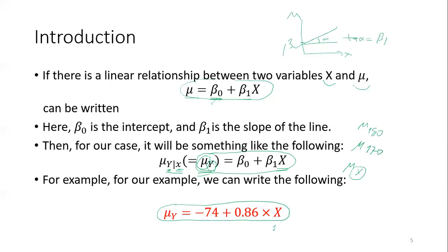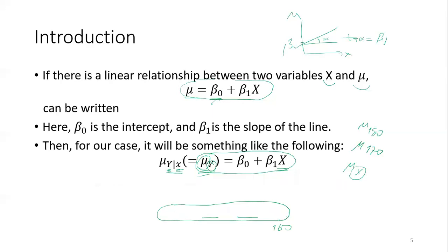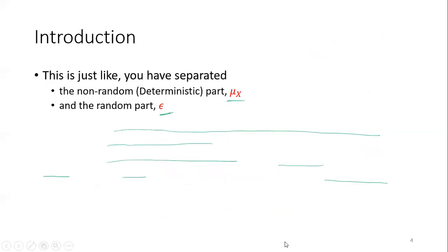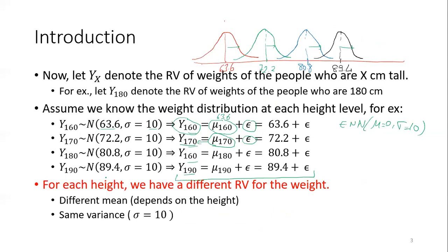For example, if we write 160 here and multiply it with 0.86, and subtract 74, you will get the mean for 160, which is 63.6. Or if you write 170 in that relationship, then you will get 72.2.